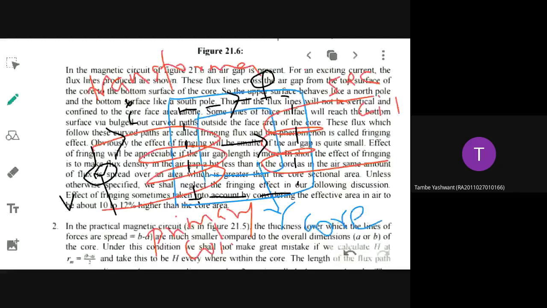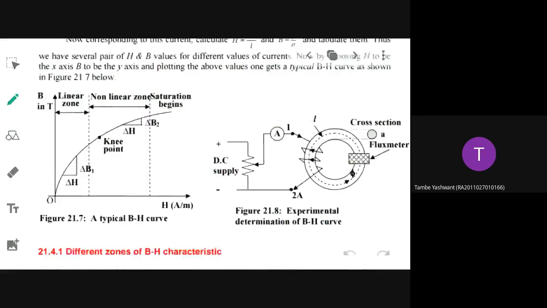Because of that linking, current is generated on the secondary side and delivers the load. This is how transformer action happens. It is useful because it links with the secondary and induces EMF.